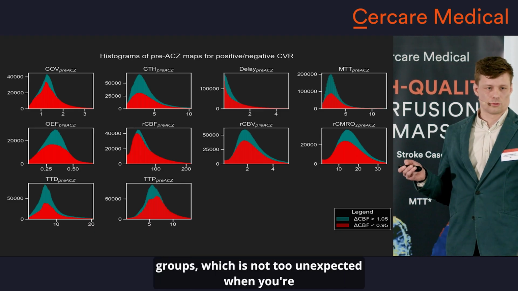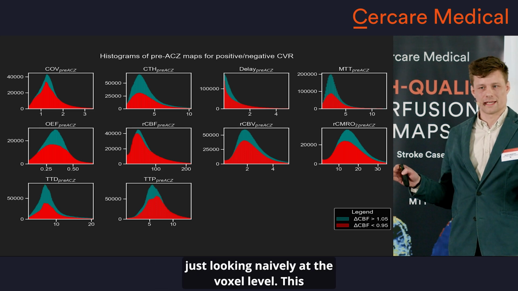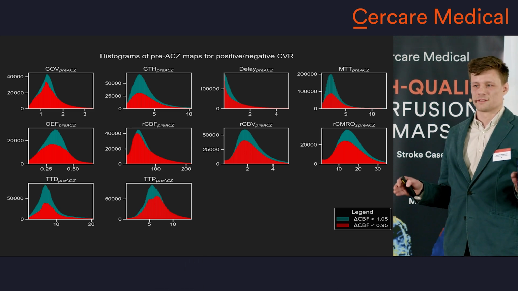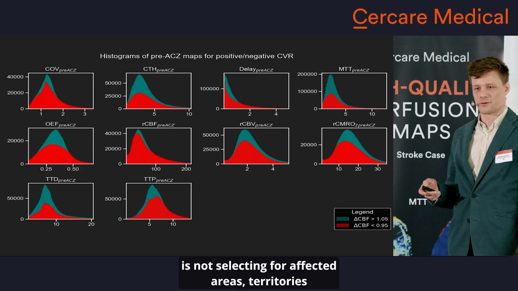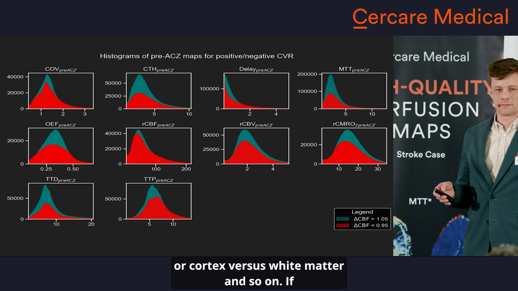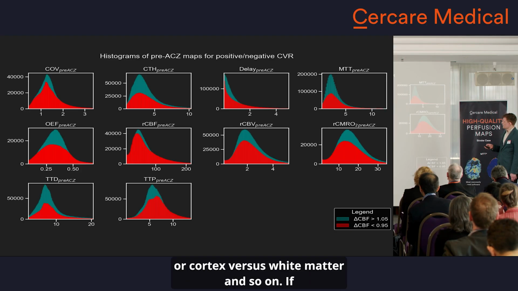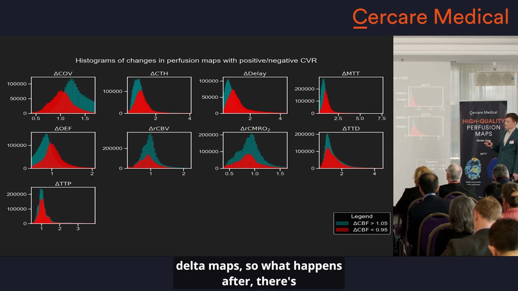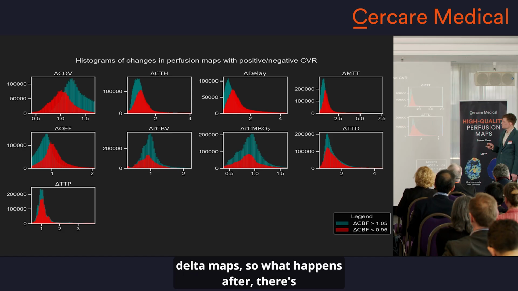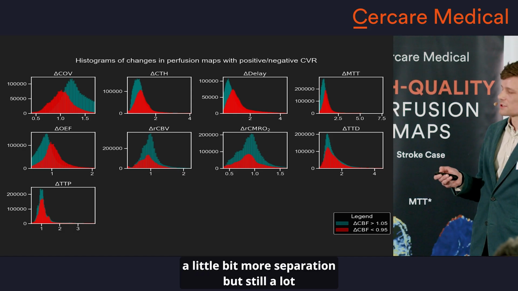Which is not too unexpected when you're just looking naively at the voxel level. This is not selecting for affected areas, the territories, or cortex versus white matter, and so on. If we instead look at the distribution of the delta maps, so what happens after, there's a little bit more separation, but still a lot of noise.